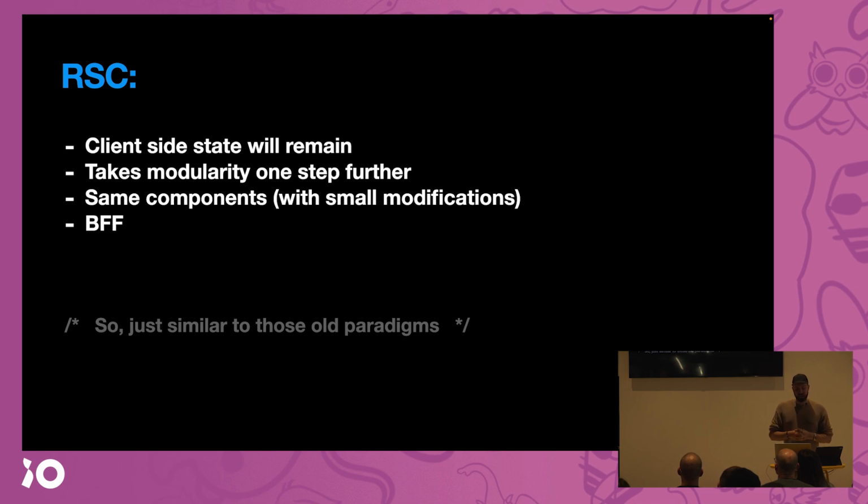And we are going to use the same components. So we can have our logic in one component and use it on both server and client. That's great. And it's BFF by default, not best friend forever, but backend for frontend. So it's similar to the old paradigms. It has some differences.